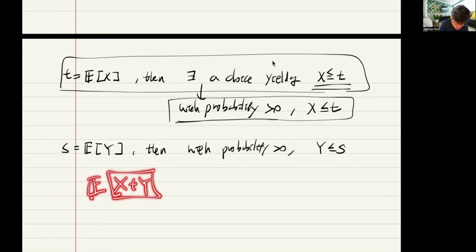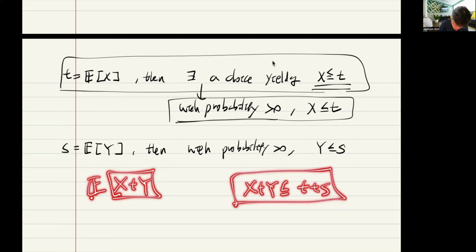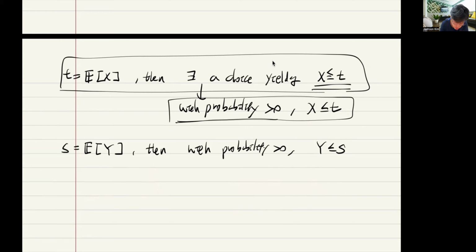Then using expectation, you can say that this is at most this. But its sum being smaller than that does not guarantee both of them are smaller, right? One of them could be bigger than t, and the other one very small. Still, the sum could be small. So imagine a situation that we want both of them to be small. Then you cannot say anything. This positive probability and that positive probability could happen on completely different instances.